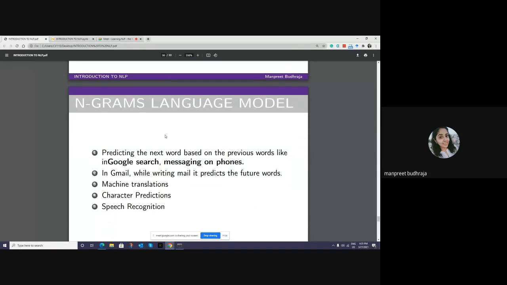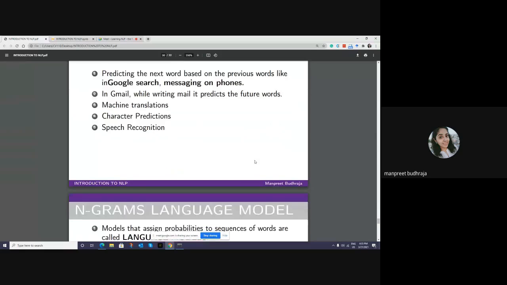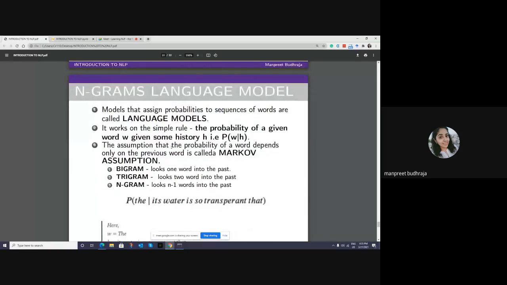Okay, and it's used in Google search, messaging on phones, in Gmail, where it predicts what you have to write further, in machine translation tasks and stuff. A model that assigns probability to words is called a language model.